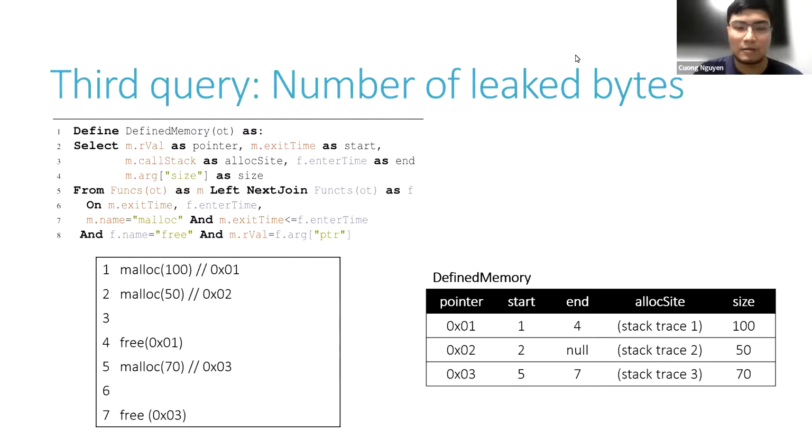The stack trace is essentially just the location in the code where this allocation happened, and the size of the allocation. And an allocation that doesn't have a corresponding free function call will have a null value in the end column. So for example, here the second row is such an allocation, and this indicates a leaked memory.